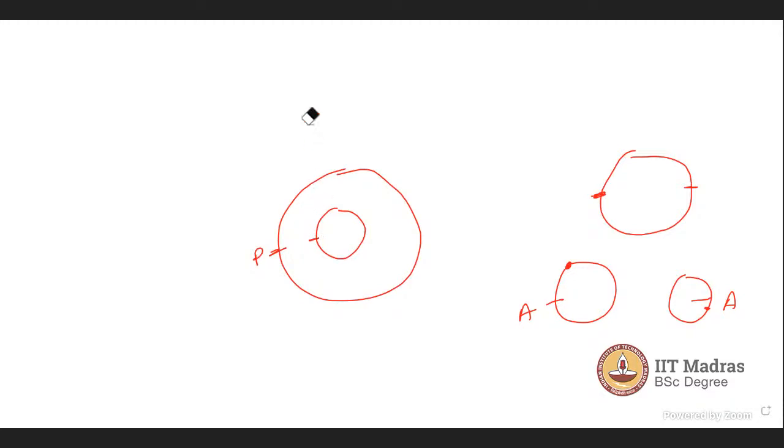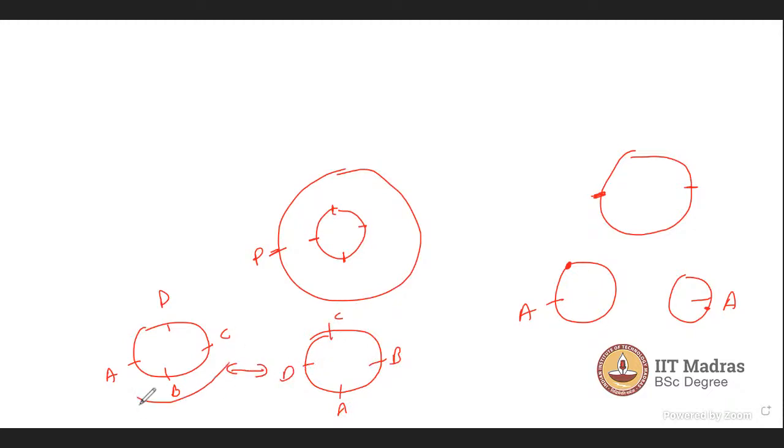In the inner circle I have to again arrange the 4 of them. Suppose I do A, B, C, D in a circular arrangement, these two are the same thing, both of them are A, B, C, D. But here it will not be the same. Let me do both the cases.